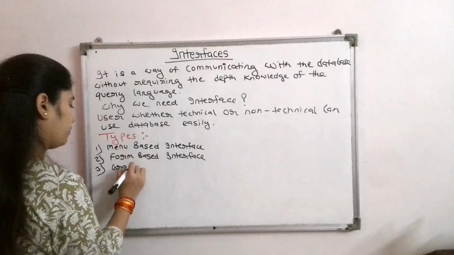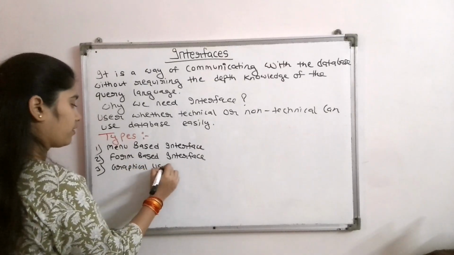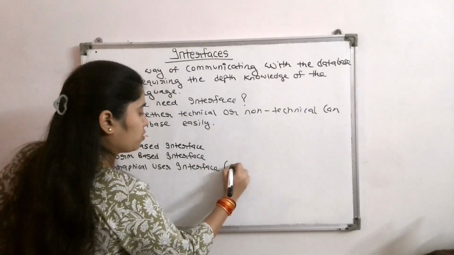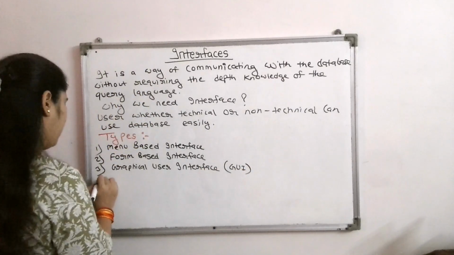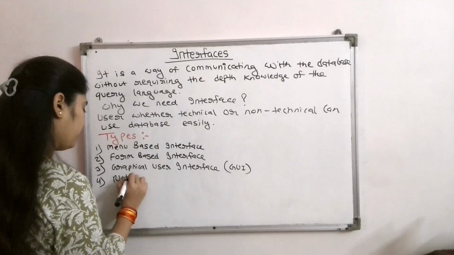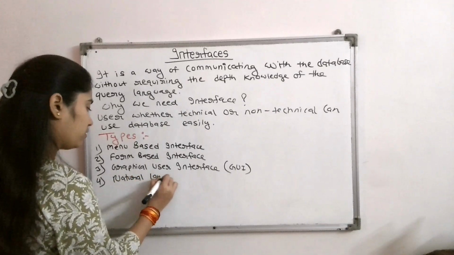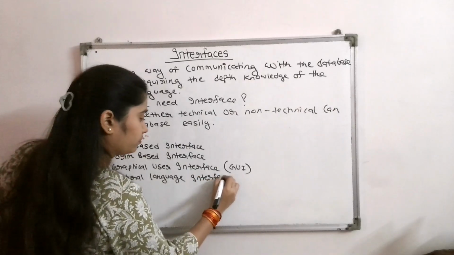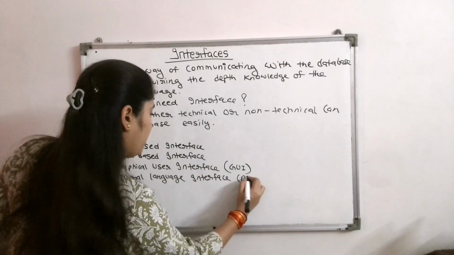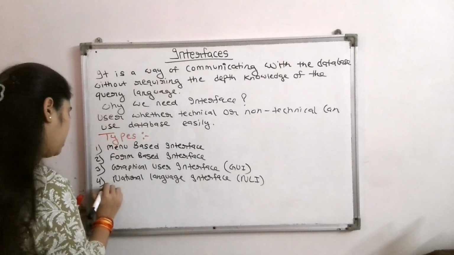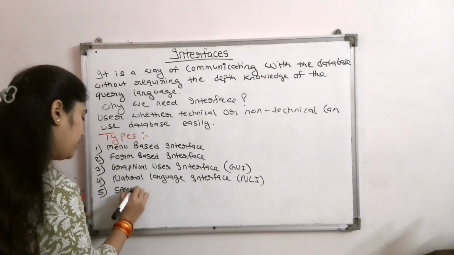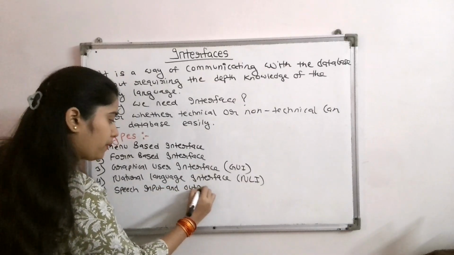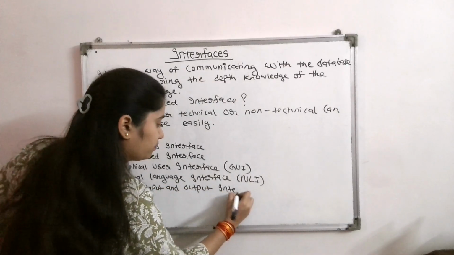Third, graphical user interface, which we also call GUI. The fourth is natural language interface, that is NLI. And the fifth is speech input and output interface.